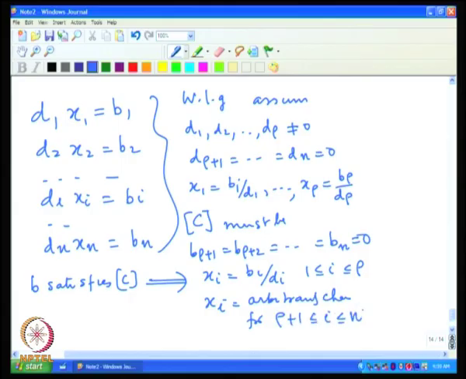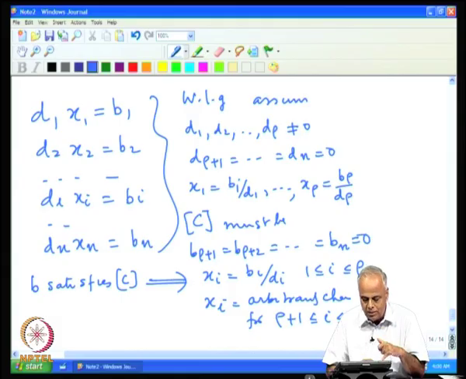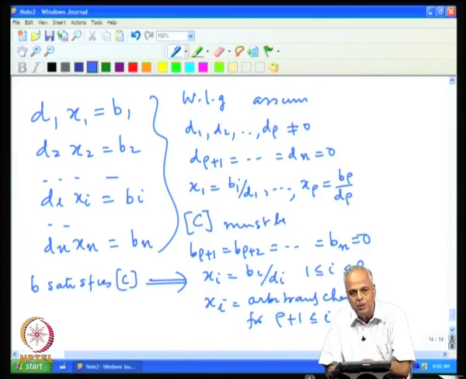Now remember the first question we asked was, what is the consistency condition or what are the conditions under which the system has a solution. For that, now we have an answer. The conditions are whenever d rho plus 1 to dn are 0, the corresponding b rho plus 1 to bn must be 0. That is the consistency condition.